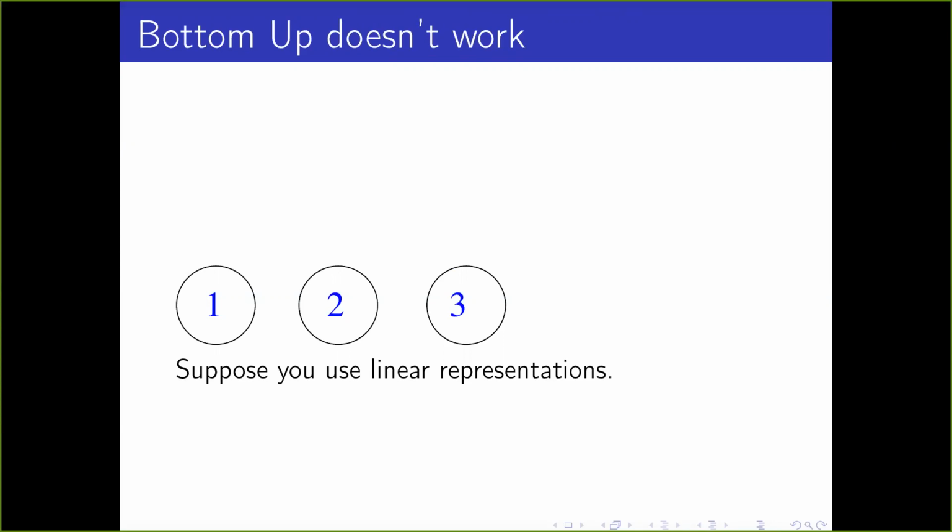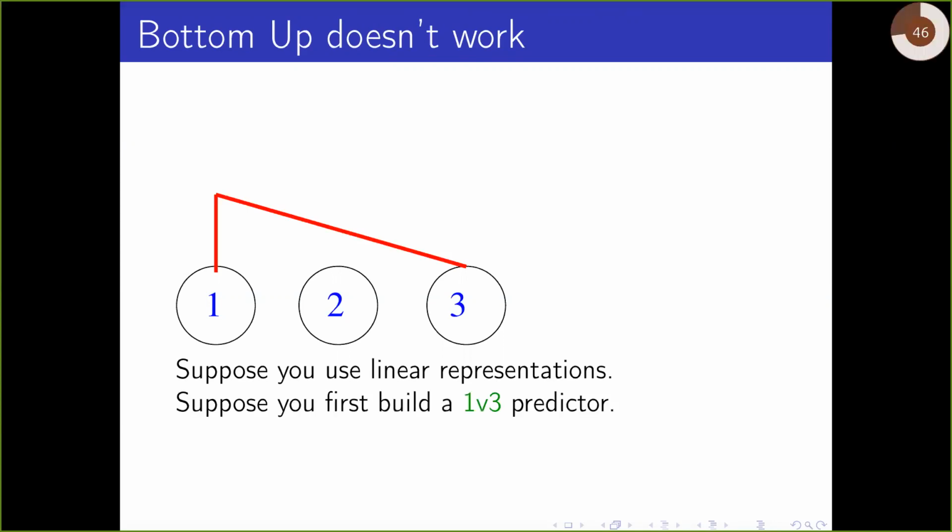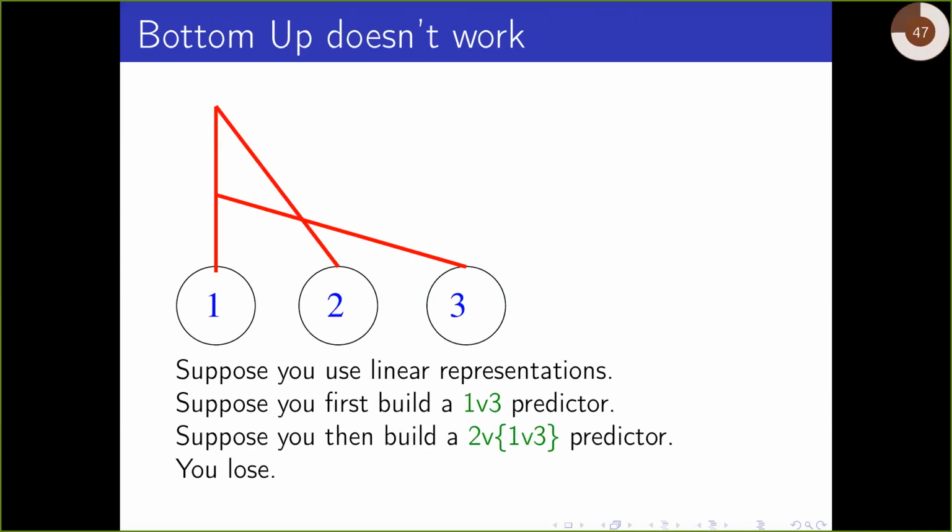You have to pair things, and you have to try to predict between the two. So suppose you pair 1 and 3. You can build a good 1 versus 3 predictor. That's relatively straightforward. And then you need to pair a 2 versus the winner of 1 versus 3. And then you're going to fail, because there is no threshold on the line. Well, you'll fail with linear predictors, because there's no threshold on your one feature which can actually distinguish between these two. So training in a bottom-up fashion for a dynamically learned structure seems to be difficult.